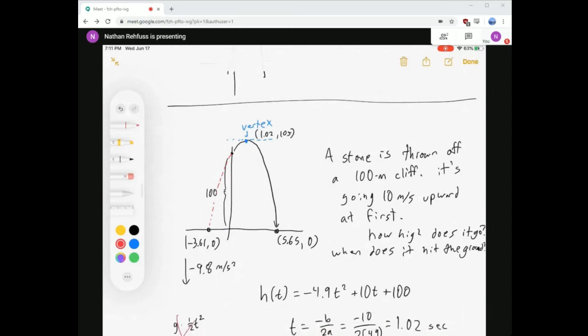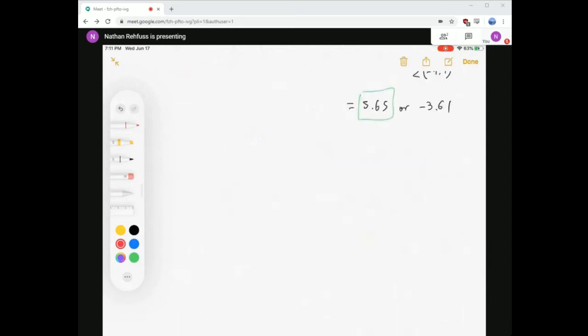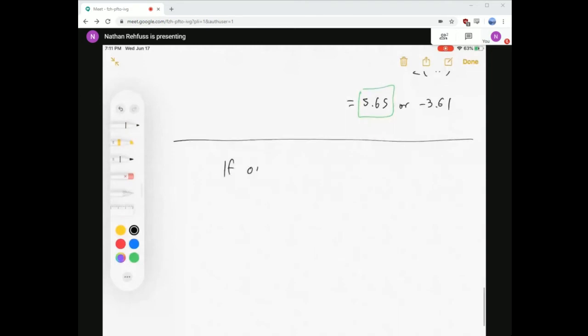Pretty much any time I ask you to find a maximum or a minimum, it's going to be a vertex. So if I say, if our bakery makes n cakes, so we make some number of cakes, we'll call that number n.